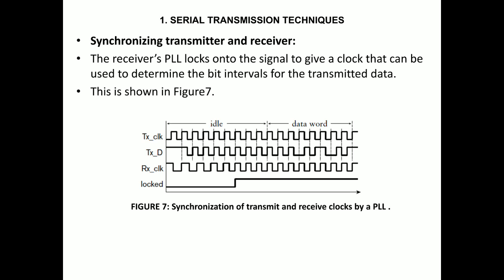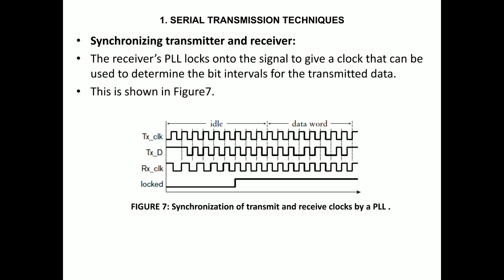With the help of the PLL, the receiver circuit will try to recover the original transmitted data. The PLL will separate the transmitter clock and the data signal, and the separated data which was transmitted will be received.